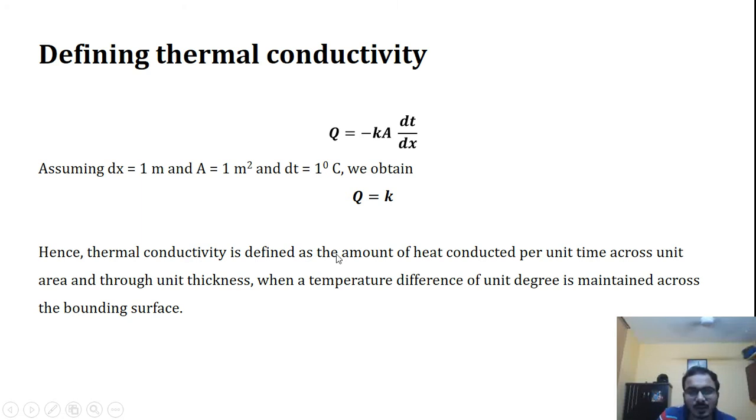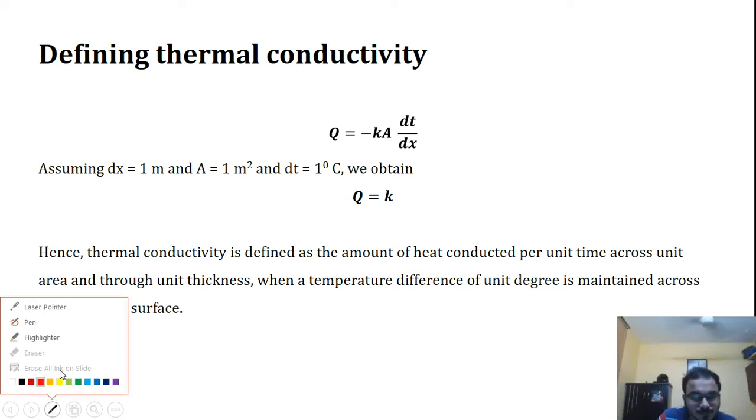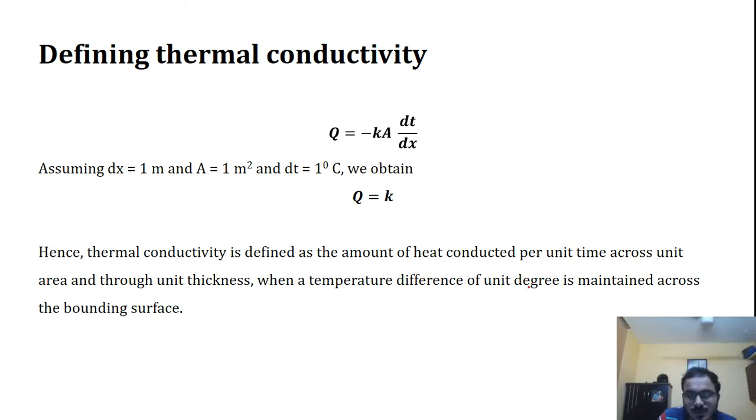is defined as the amount of heat conducted per unit time, that is, this is the value of Q. So if you see, the amount of heat conducted per unit time is actually Q across a unit area. Why? Because we have assumed that A will be 1 meter square. That's why it is unit area through a unit thickness. Why unit thickness? Because we have also assumed dx to be 1, and area is also 1.